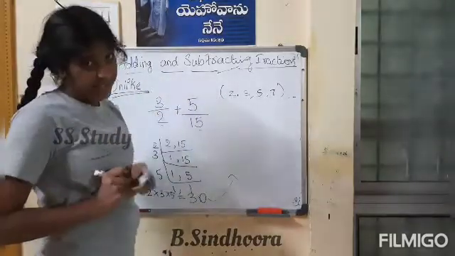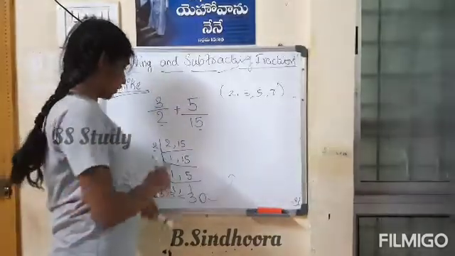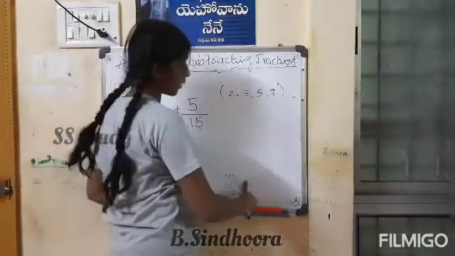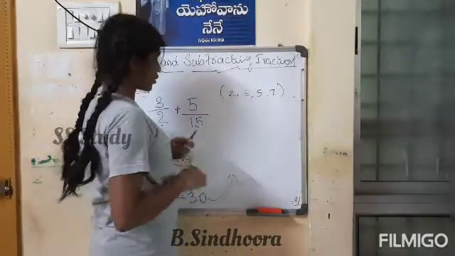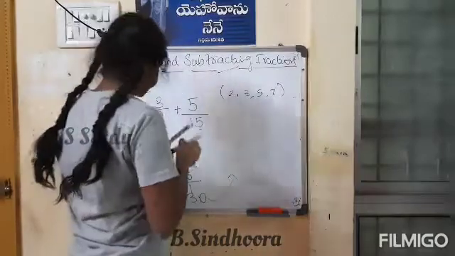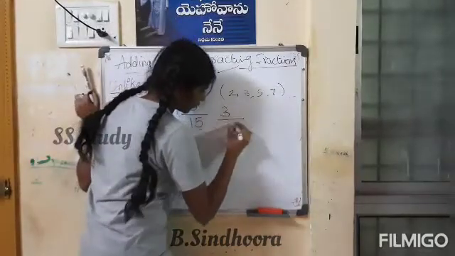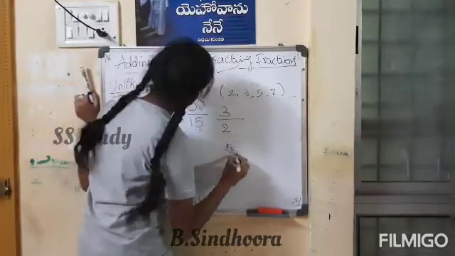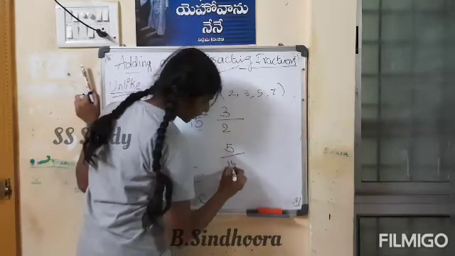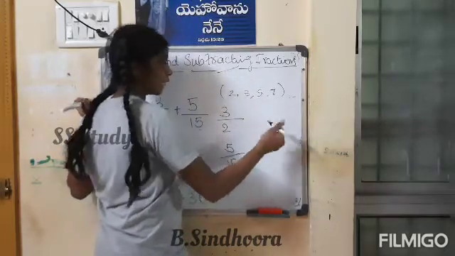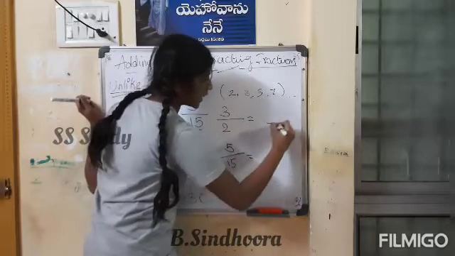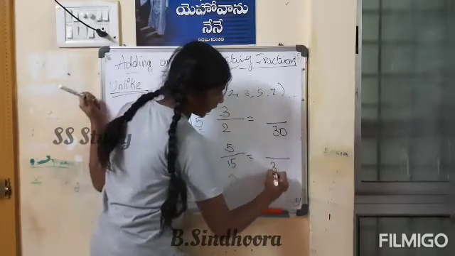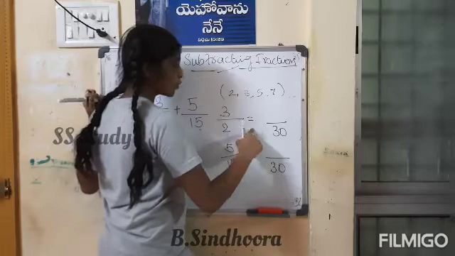But not directly, I told you multiplication. Here multiplication is used, and here also. How? Let me tell you. First write the fractions 3 by 2 and 5 by 15. In the 2 table, how much will you get 30? 30 will become the denominator, right? So 2, how much to get 30?